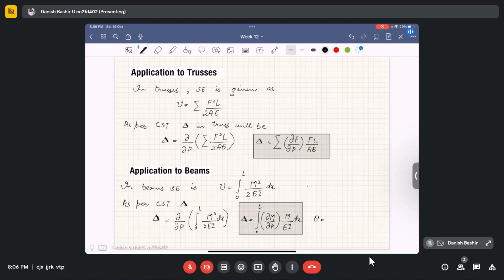I am denoting that with M bar to differentiate it from the moment inside the beam, M. So again we take the partial derivative, and theta will be written as the integral from 0 to L of dou M by dou M bar times M by EI dx.